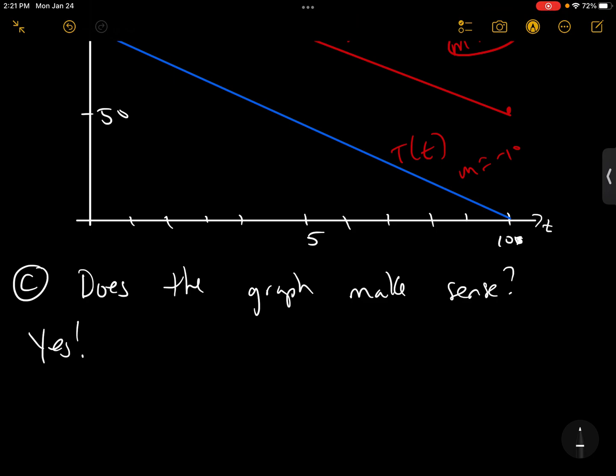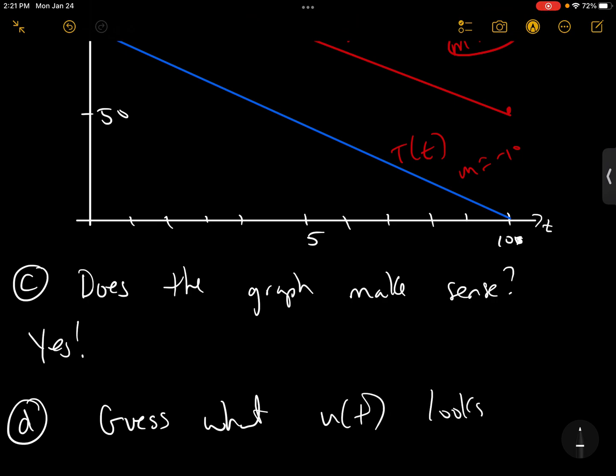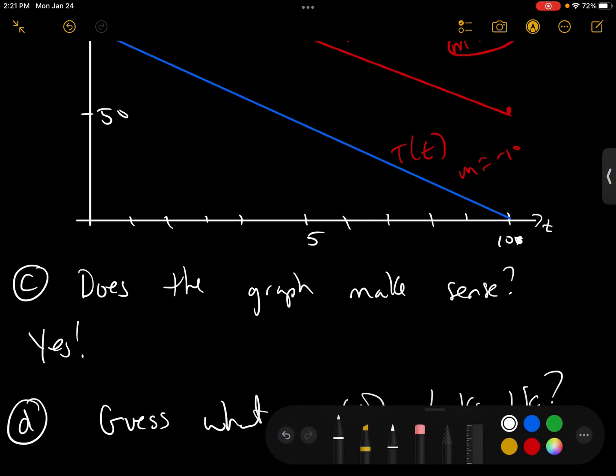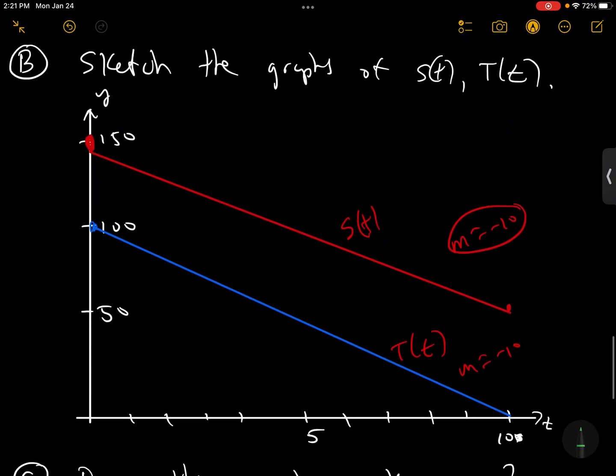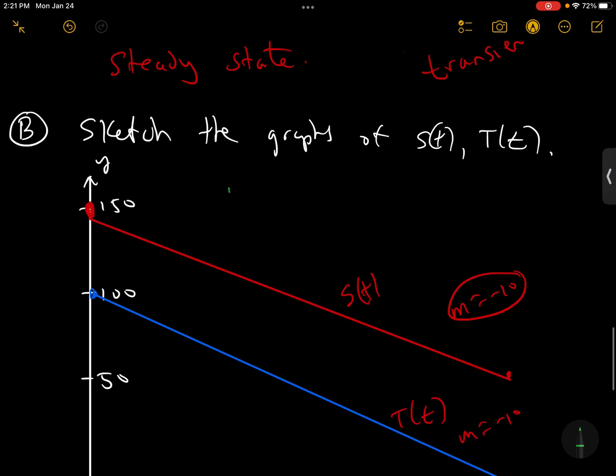Okay, here was an extra credit piece. So guess what U of t looks like. All right, just sketch it as you might think it's going to appear. Well, let me write down U here. It's this: 150 minus 10t plus c e to the t over 5.